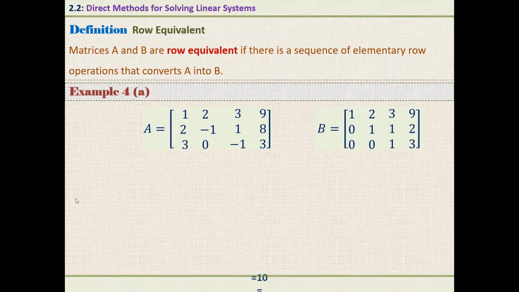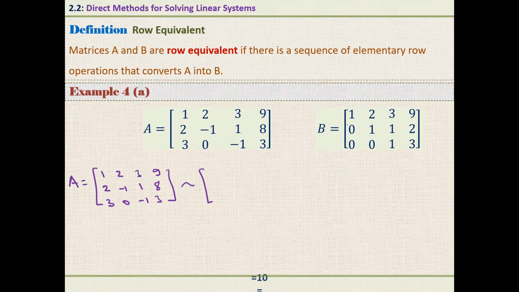Let's say matrix A is equal to 1, 2, 3, 9, then 2, negative 1, 1, 8, and 0, 3, 0, negative 1. As you see here, the first row is 1, 2, 3, 9 in both matrices, the same. So we don't have to do anything with the first row.